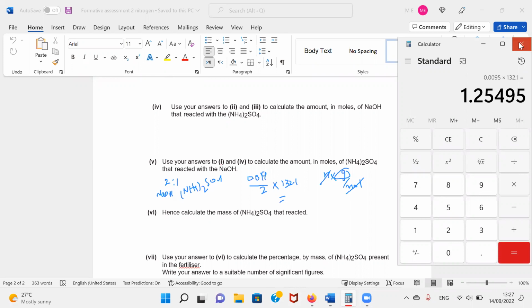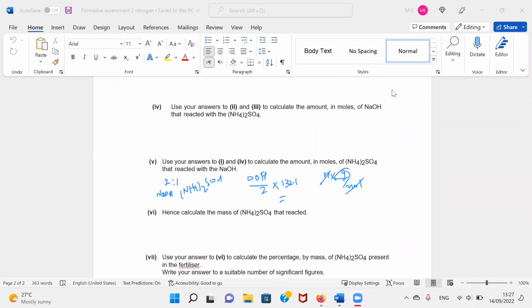So this will give you a number of 1.25. Okay. So this is the amount of ammonium sulfate we have.